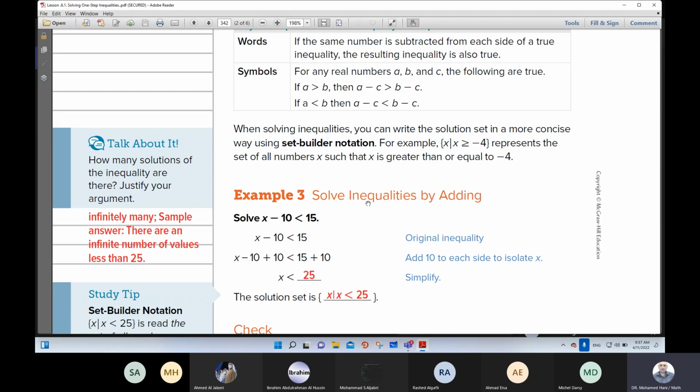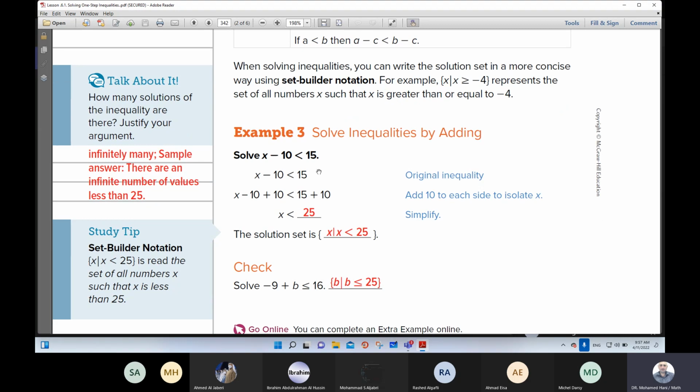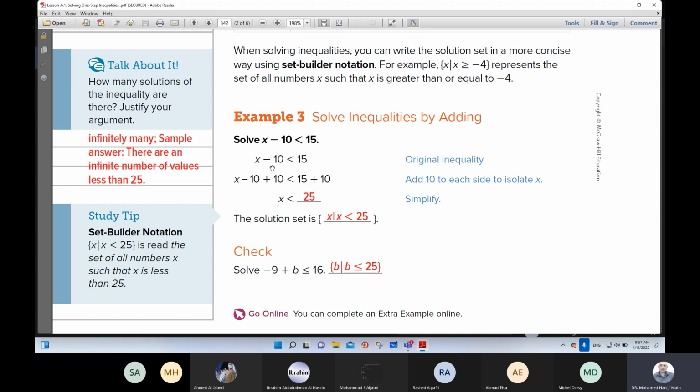For example, solve inequalities by adding. Solve this inequality: x minus 10 less than 15. To solve it, we want to keep the variable alone on the same side. So we want to remove negative 10 from this side, so add the inverse: add plus 10 on this side and plus 10 on this side.